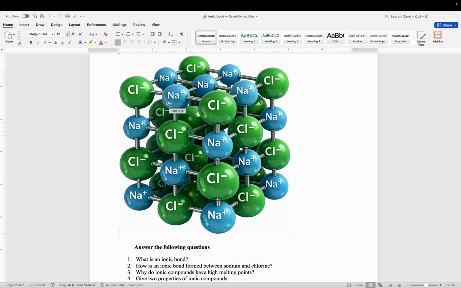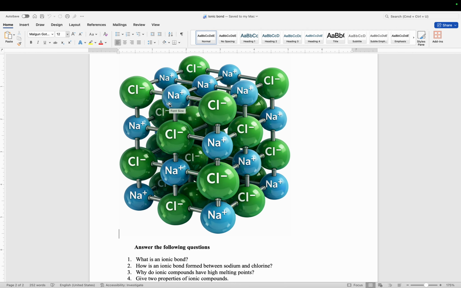And ionic compounds, due to this strong force of attraction, exist in solid state at room temperature, as you can see in table salt, sodium chloride. Similarly, quicklime, calcium oxide, calcium carbonate, potassium chloride, potassium fluoride, all these ionic compounds exist in solid state because of the very strong ionic bond, very strong electrostatic force of attraction.